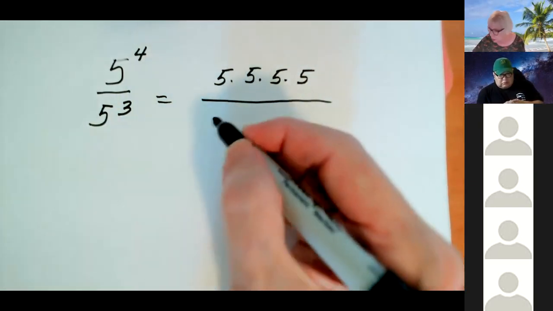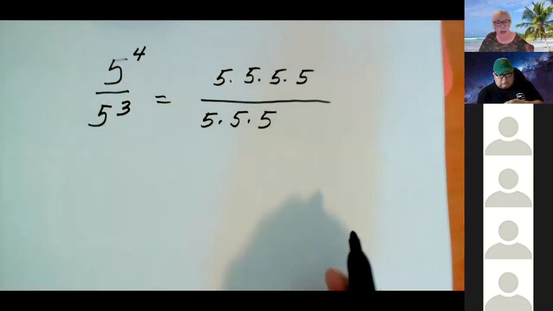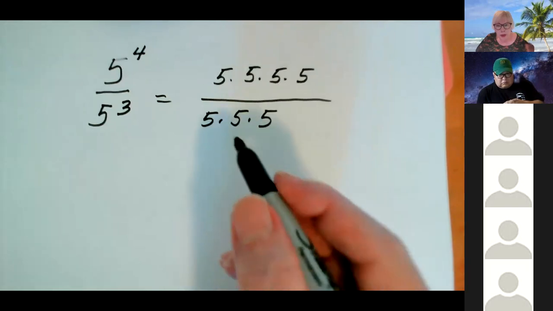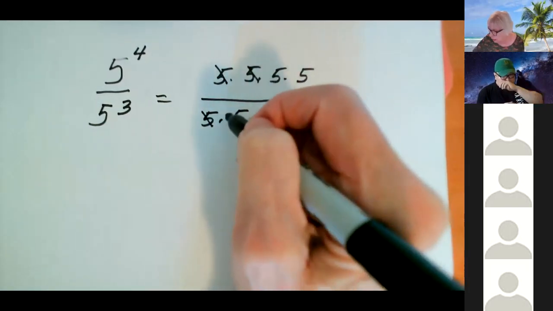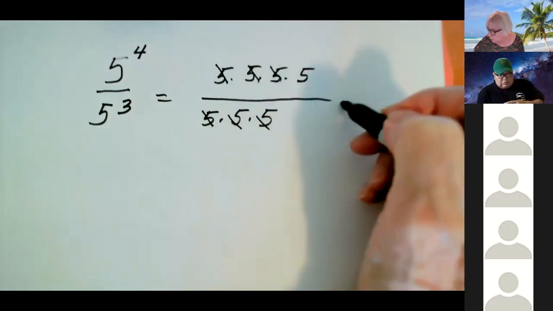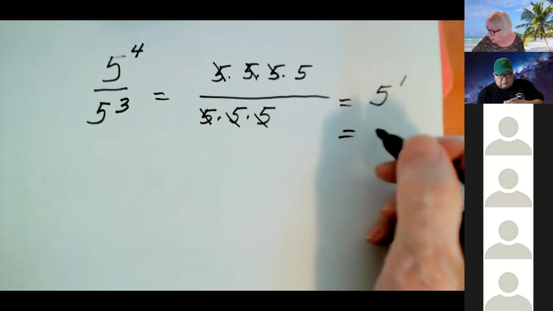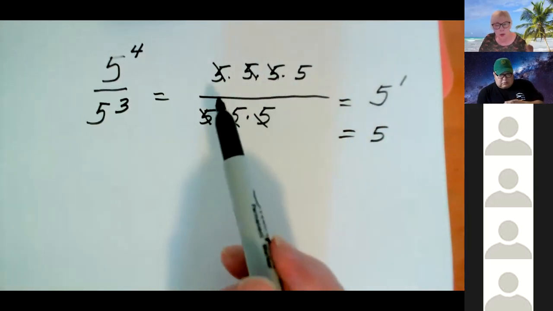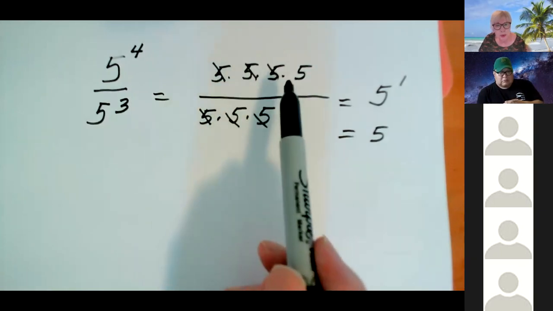And this is 5 to the 3rd. And if you simplified it, you would cancel 5 for a 5 again and again. And what you're left with is 5 to the 1st, or better known as 5. Does this sort of work for you, even though we haven't done much with this? Can you see that this would work?